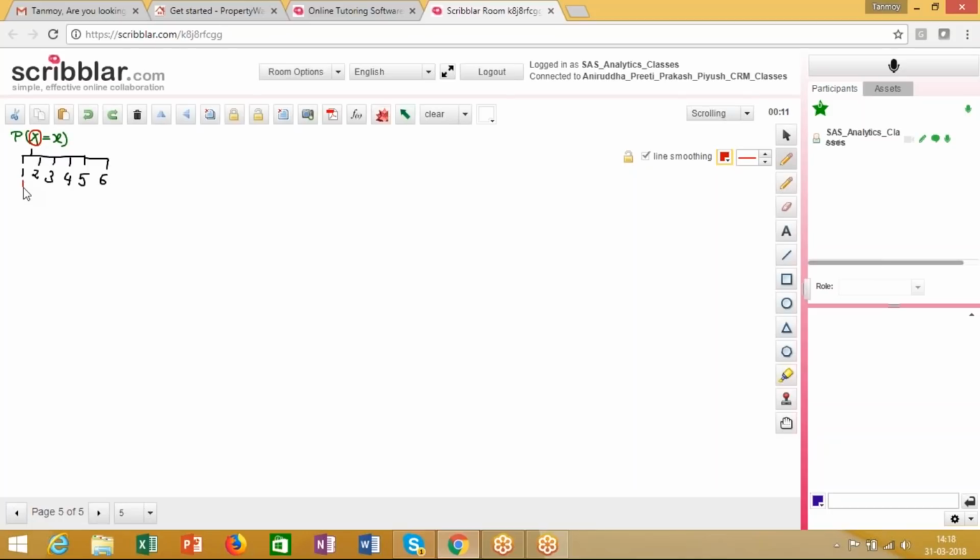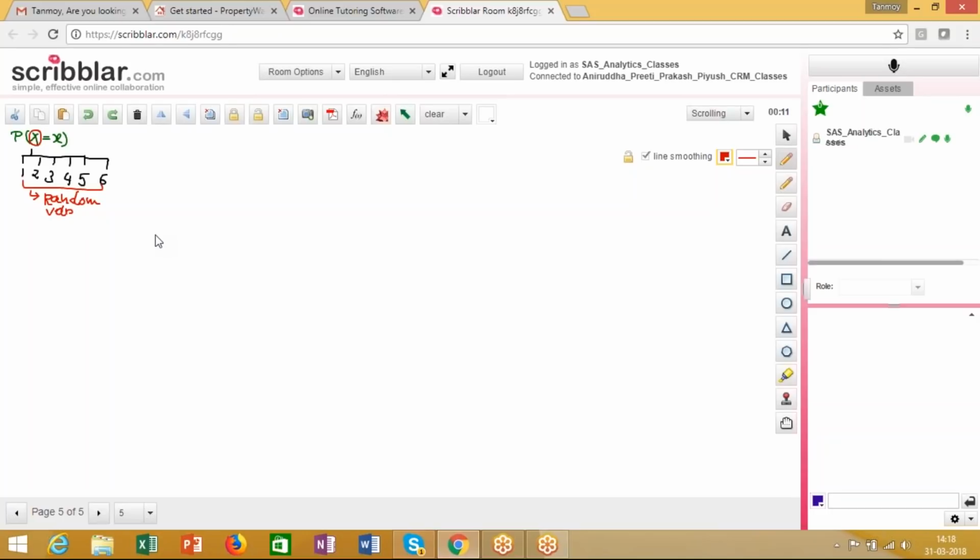Now, when I say that x can take these 6 values, x is called a random variable. Now, why is it called a random variable? It is called a random variable because we know all the possible outcomes that x might take, but which exact outcome occurs in a particular trial is not known to us.